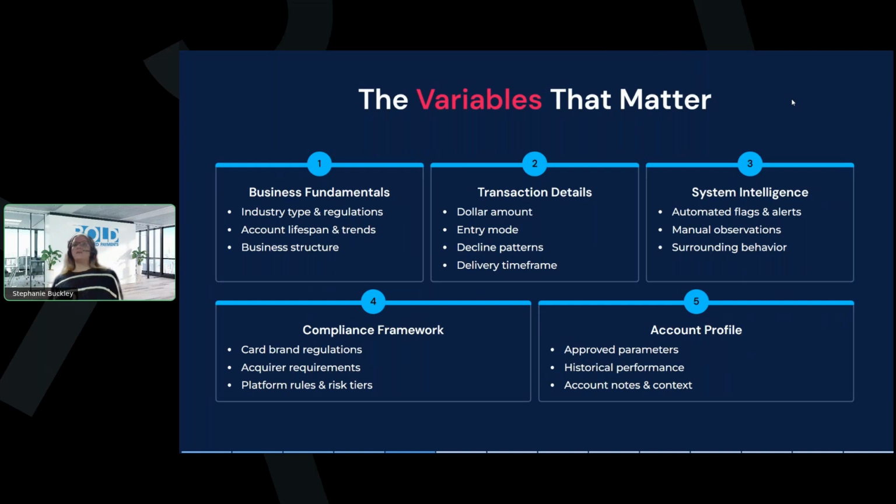With business fundamentals, you're going to look at industry type and the regulations behind that industry, the account lifespan and trends. If the account's been with the processor for years and they're starting to see an uptick in activity, what we hope for is that it's just the business growing, and we want to verify, make sure, and move forward.